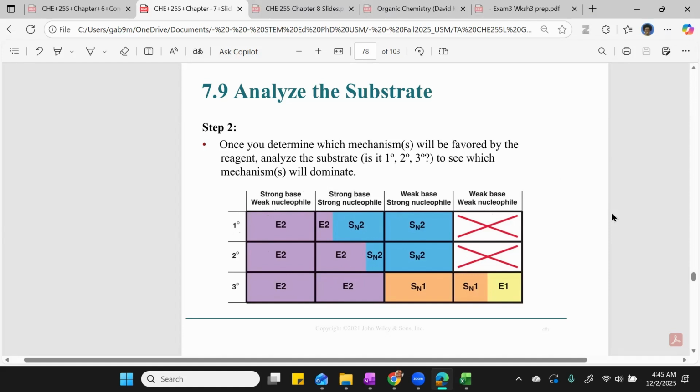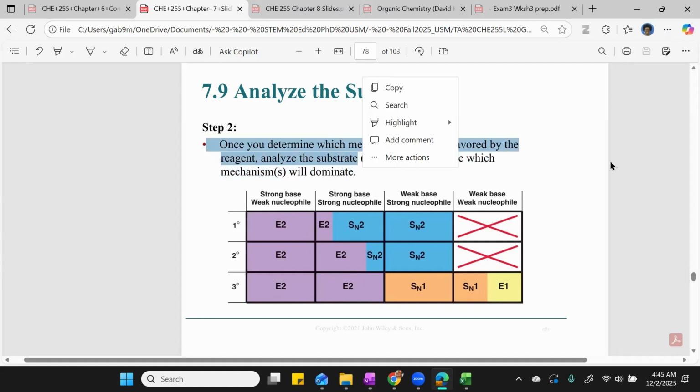Now, what I'm going to get into real quick is just how you approach using this. I do not like, and this is just me being kind of picky, how they have this stated. It's a little unclear, and I actually noted this in a tutoring session recently. It says, once you determine which mechanism will be favored by the reagent, analyze the substrate.